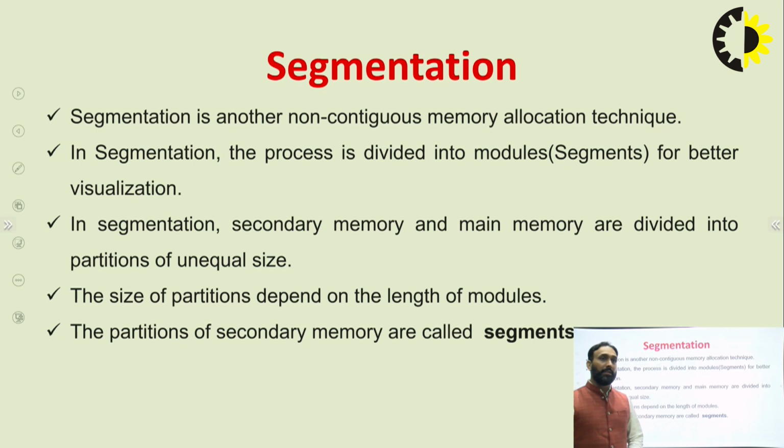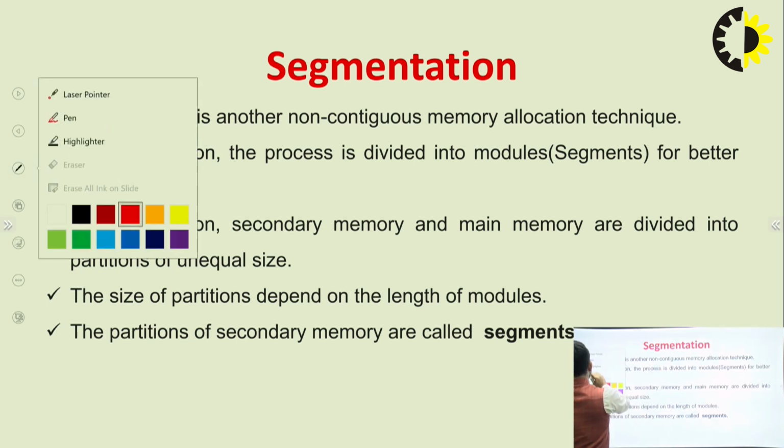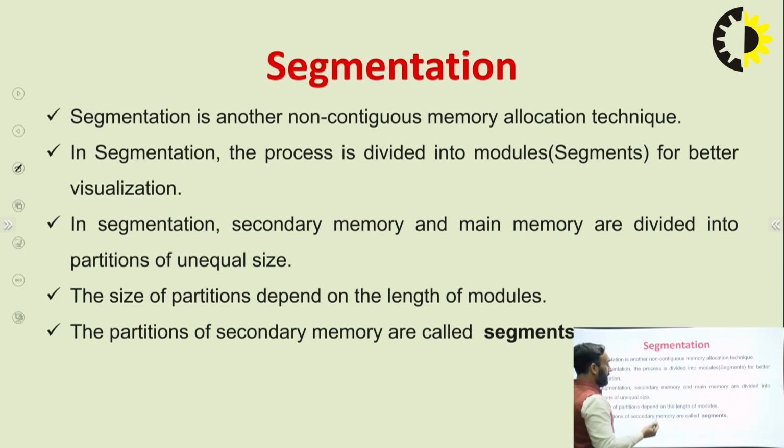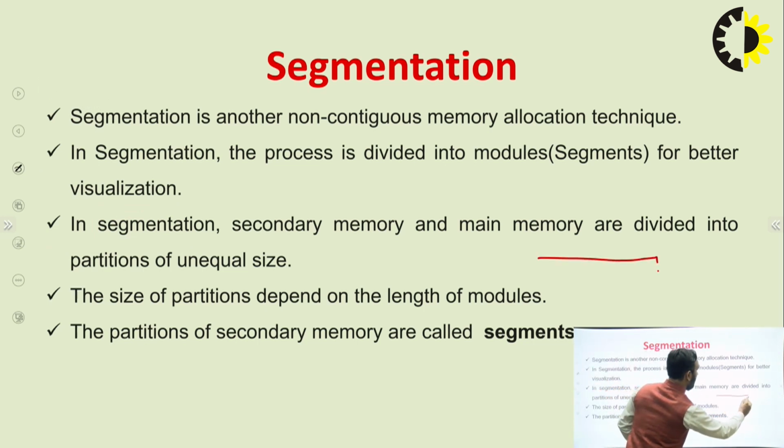As I explained in my previous video lecture on paging, memory allocation is done in two basic ways. The first one is contiguous, where everything is done in a continuous memory space, just like an array.